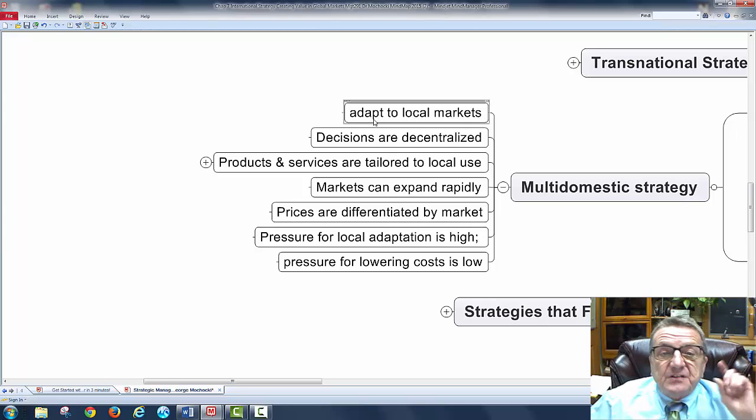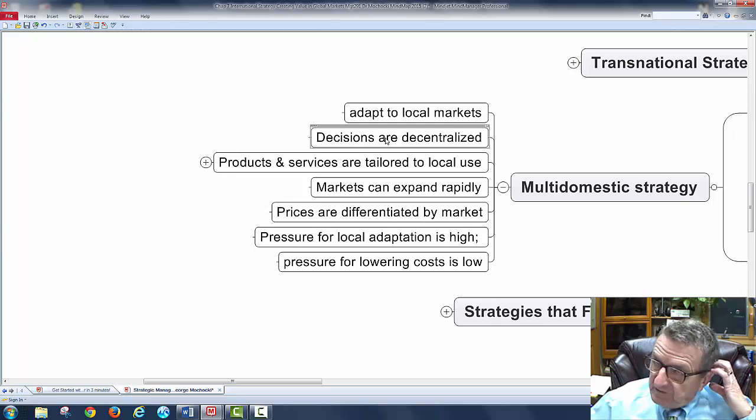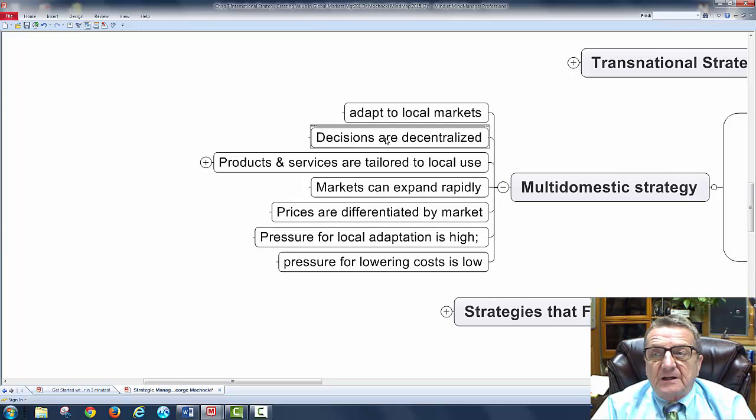Okay, decisions are decentralized. Remember, with the domestic, I try to do it locally. If I look at corporations, a lot of companies are basically very central, very rigid, very bureaucratic, but when they have all the stores in operation, they're very decentralized. So more flexible, and the decision making is done at the local office. Here you don't want to go all the way back to the host country.